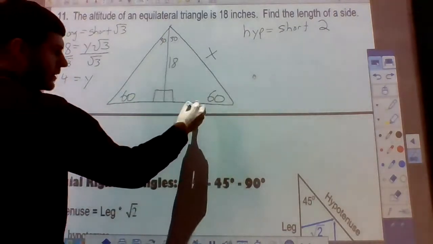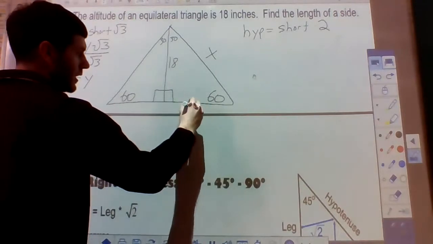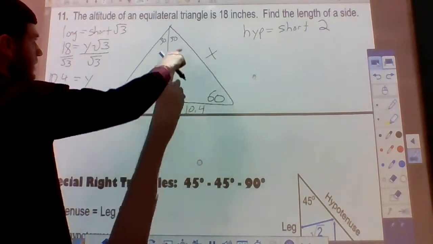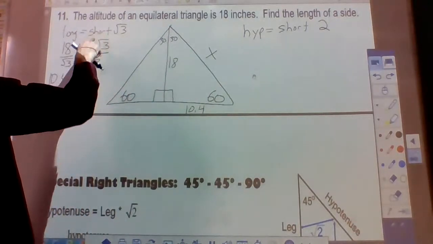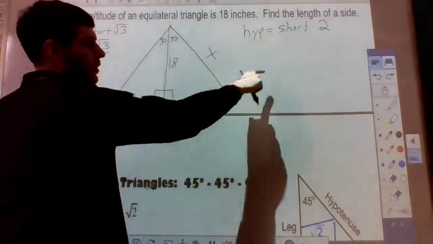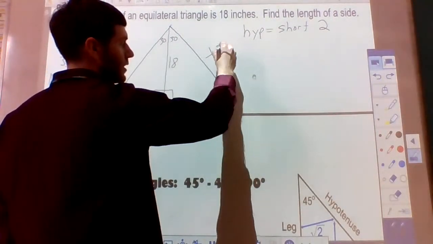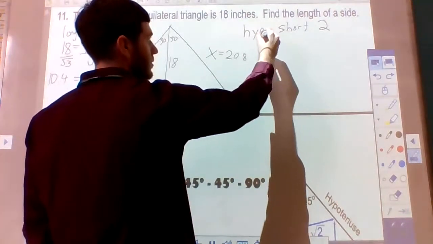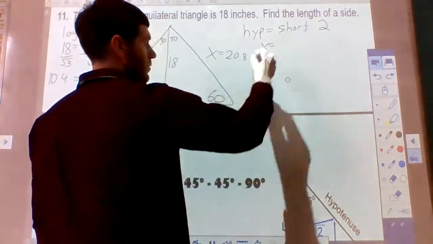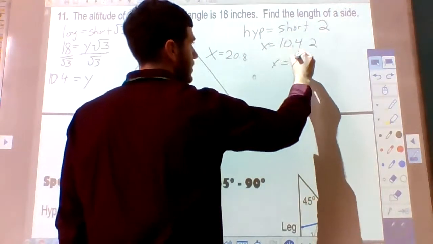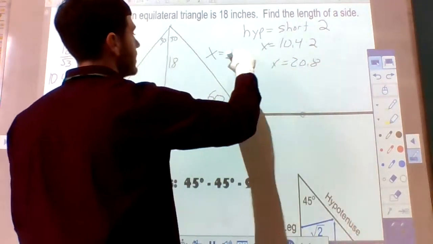So we know y is 10.4. Y was the short leg, so the short leg is 10.4. We know the hypotenuse is double the short leg, so x is going to equal 10.4 times 2, which is 20.8 inches.